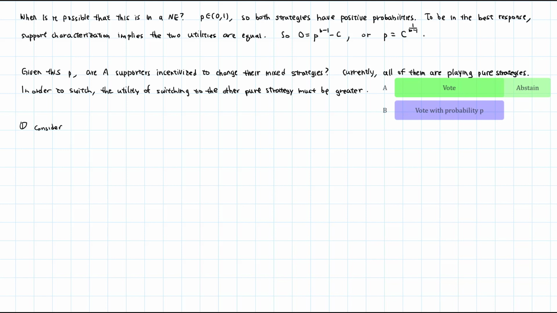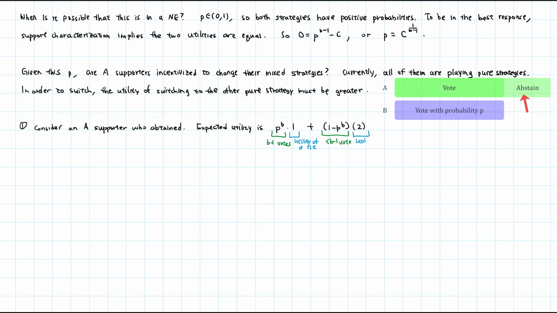We first consider an A supporter who abstained. Their expected utility when abstaining is P to the B times 1, which is what happens when there is a tie, plus 1 minus P to the B times 2, which is what happens when A wins. And this is equal to 2 minus P to the B.